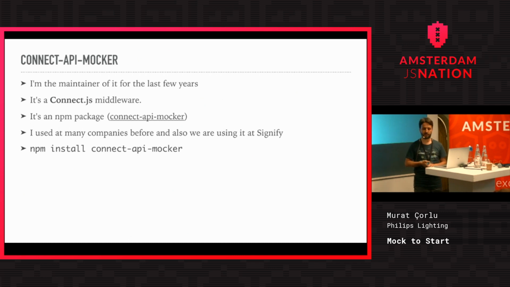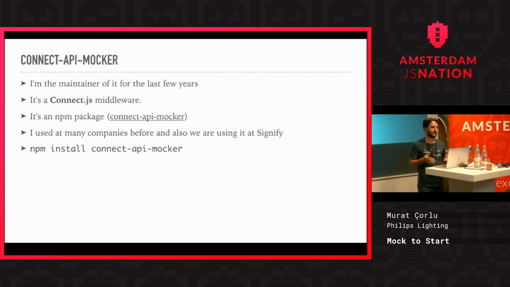Its name is Connect API Mocker. Actually, it's a very simple thing, a Connect.js middleware. Probably most of you have already heard of Connect.js. Express.js also uses that approach. It's an npm package, and it's easy to install and use.